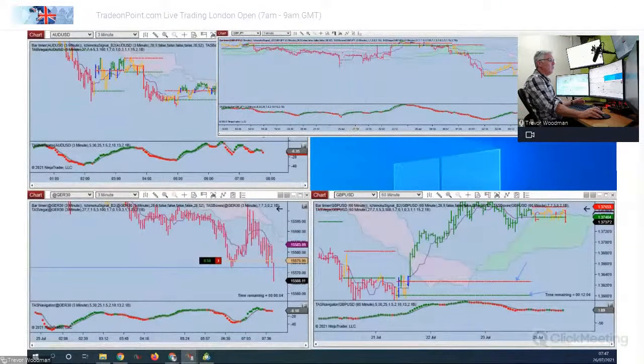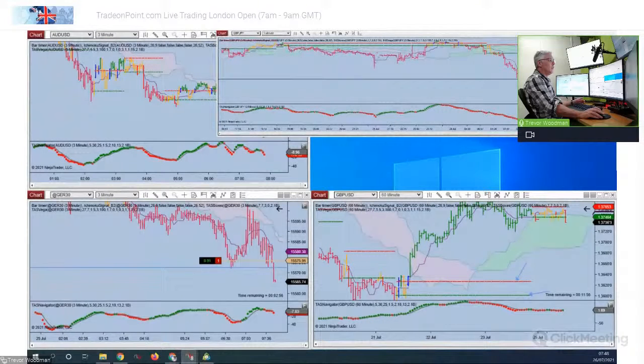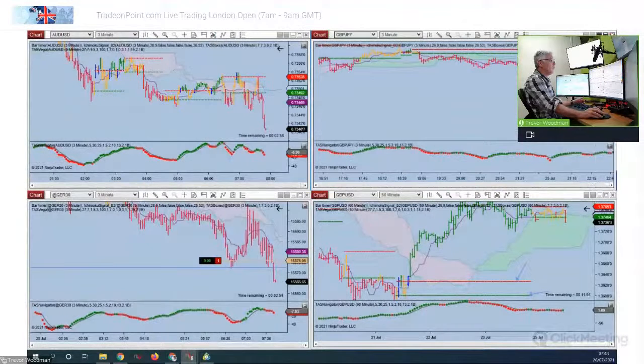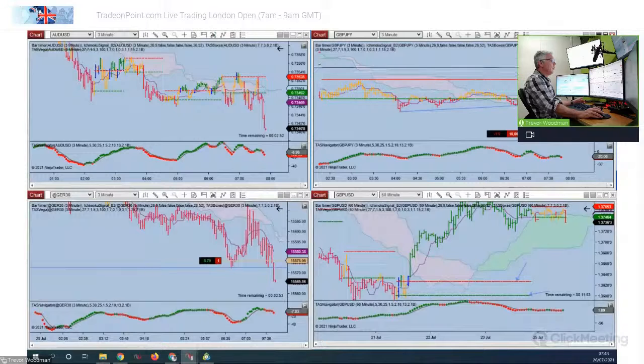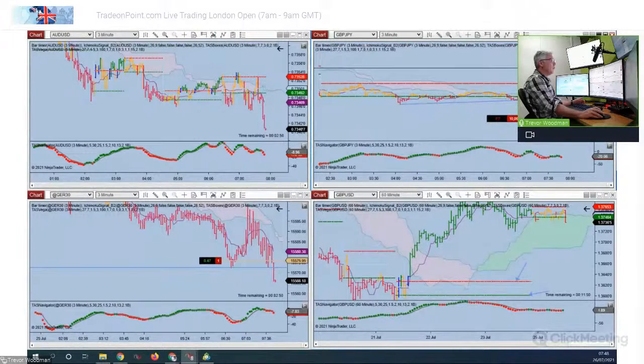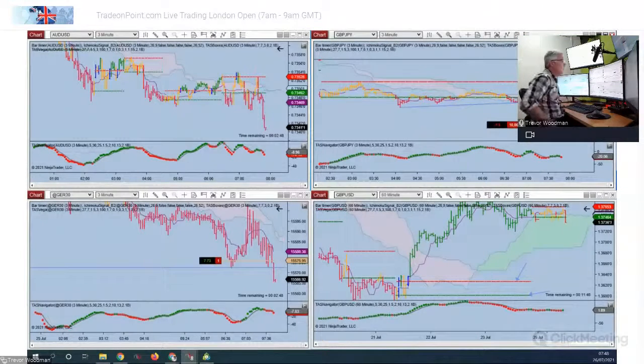Chart trader. What is my chart trader? Let's see now, chart trader hidden. That's what I like. Okay, so it's just a mini lot.